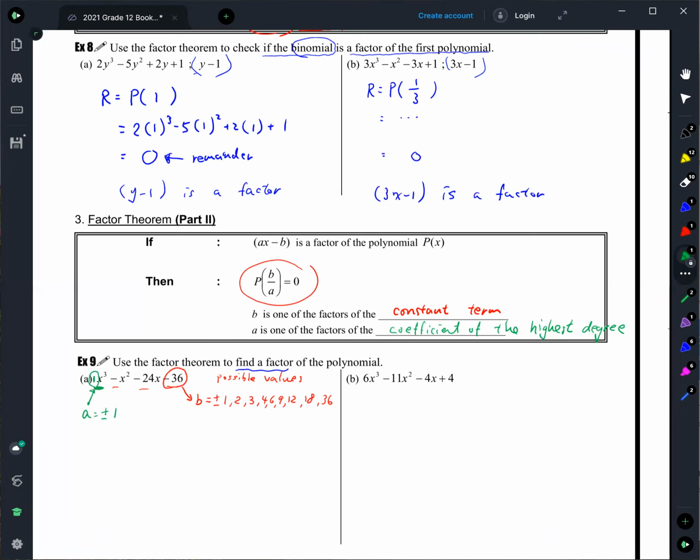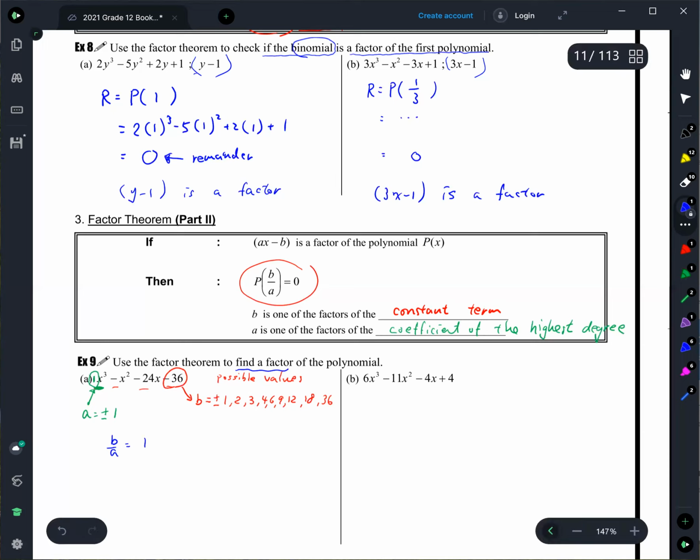So all the possible numbers are the b over a. You take each one of the b. So b over a is 1 over 1, 2 over 1, 3 over 1, 4 over 1, 6, 9, 12, 18, 36.